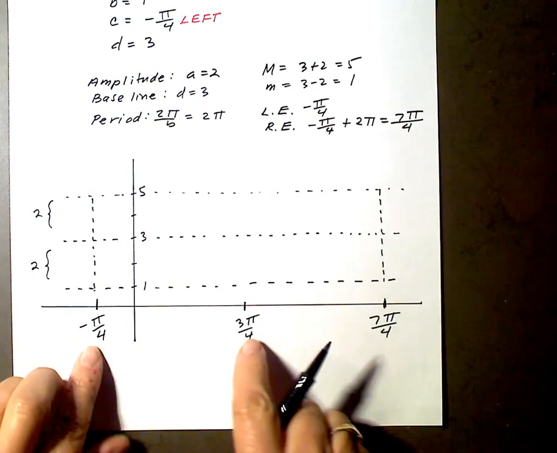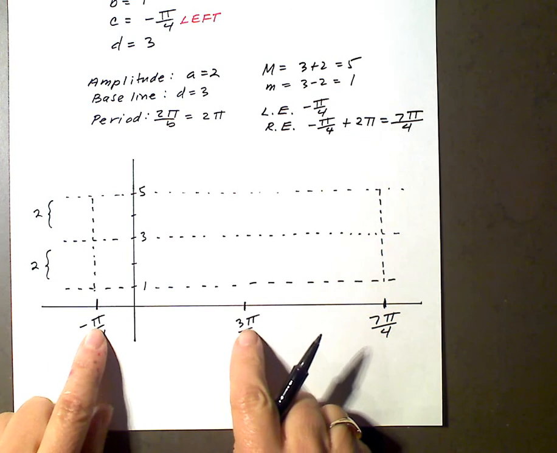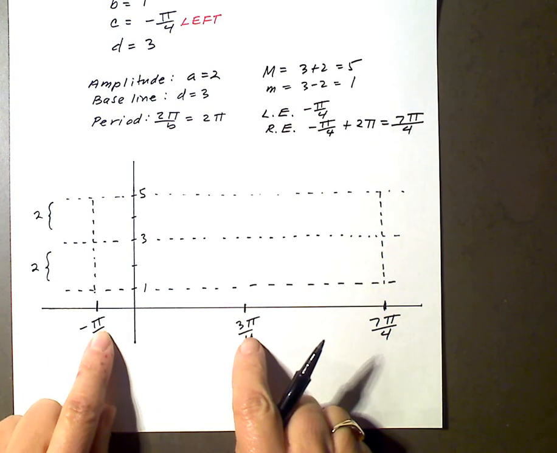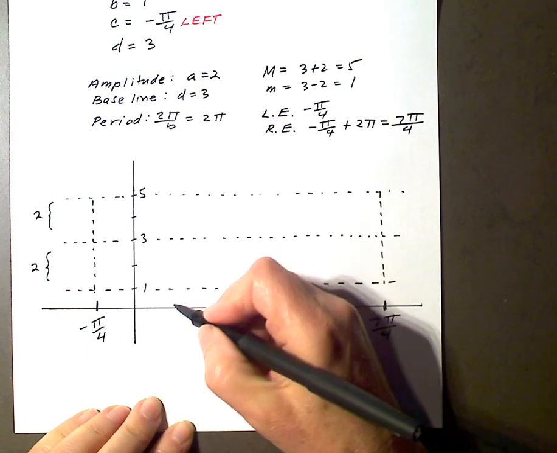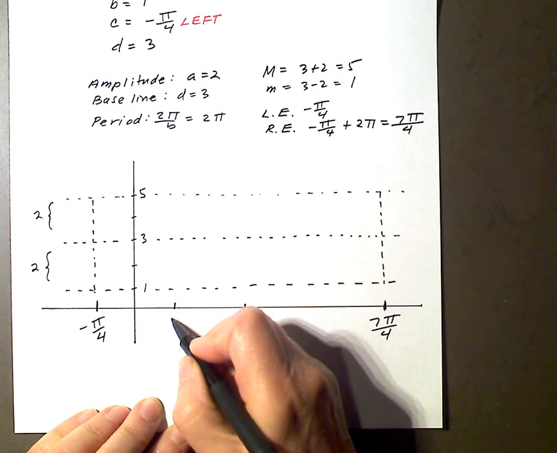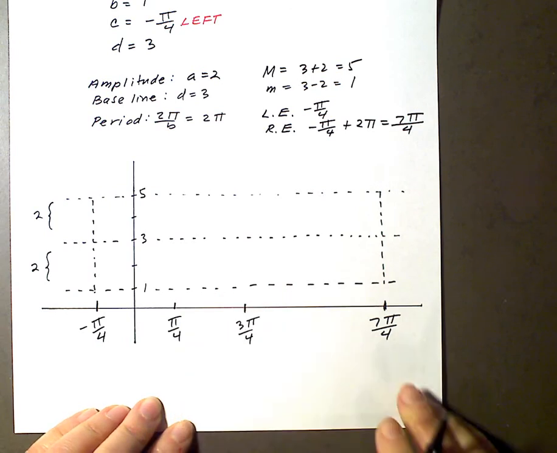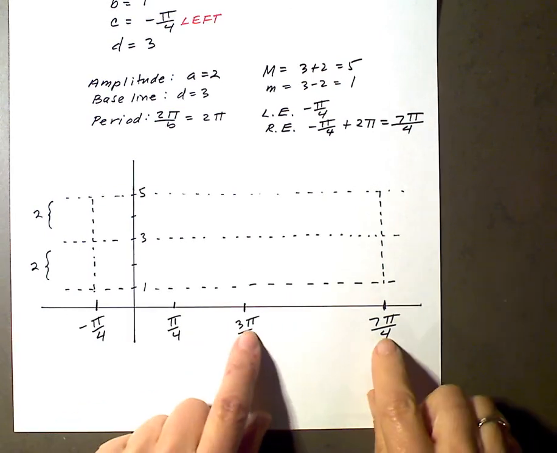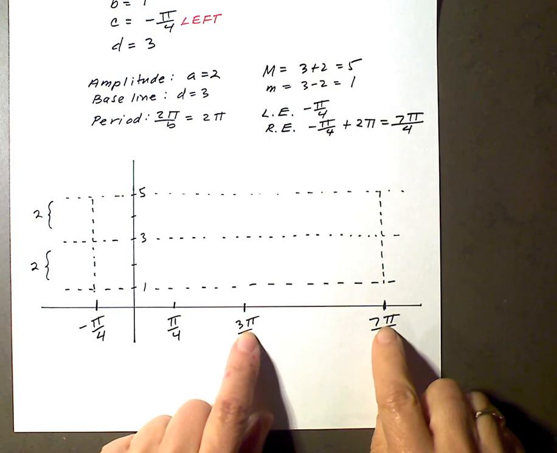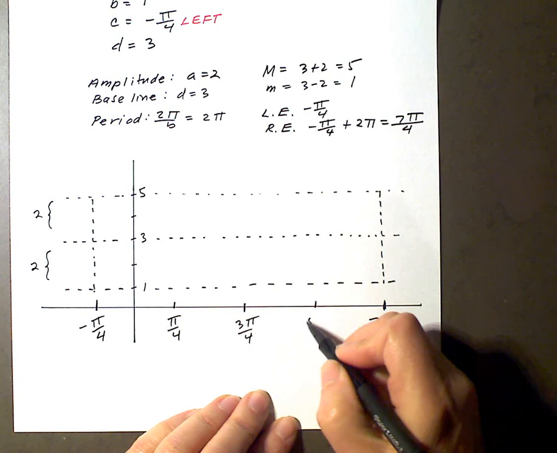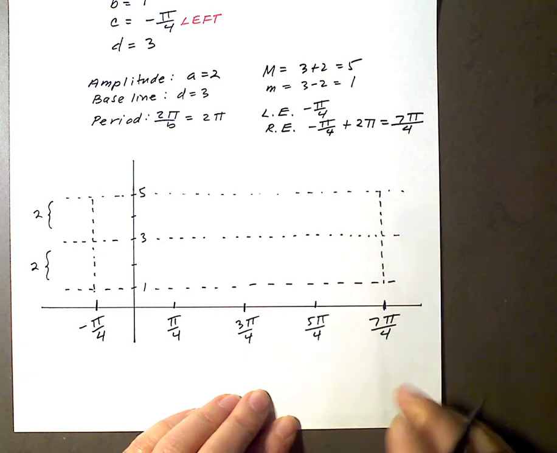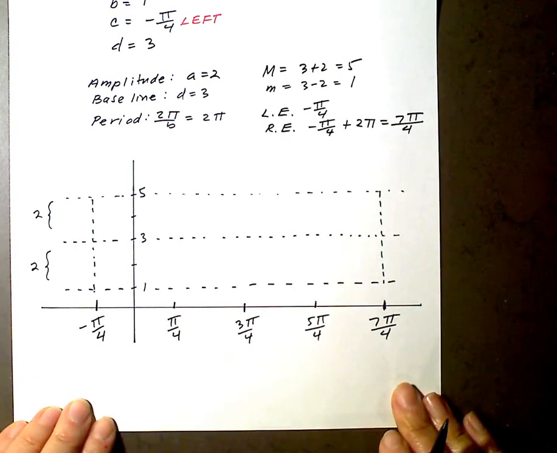And then halfway between negative 1 and positive 3 would be half of 2, or 1 pi over 4, so that's going to be here. And halfway between 3 pi and 7 pi is going to be 5 pi, so 5 pi over 4. Okay, so I have the 5 points I need.